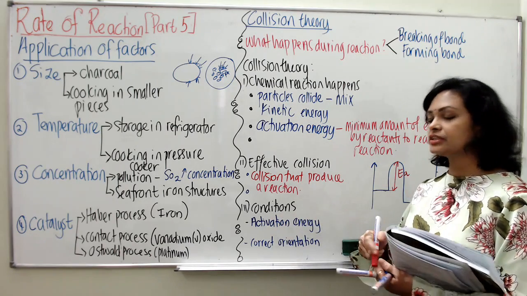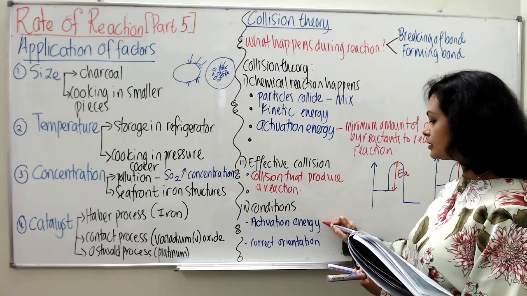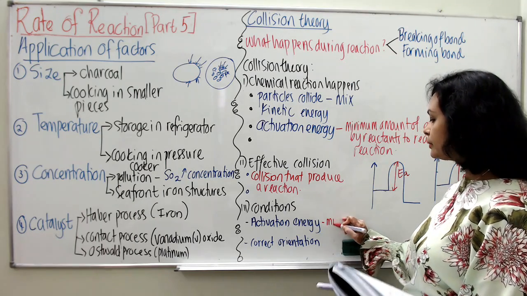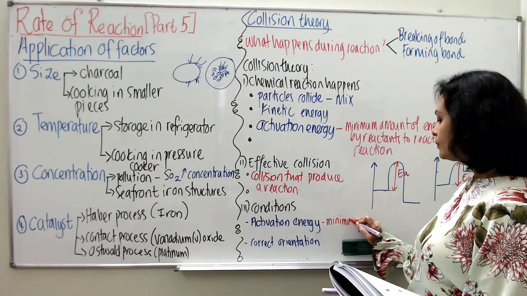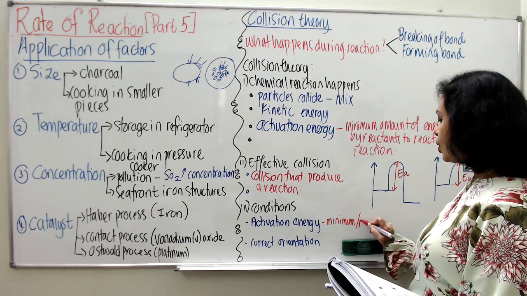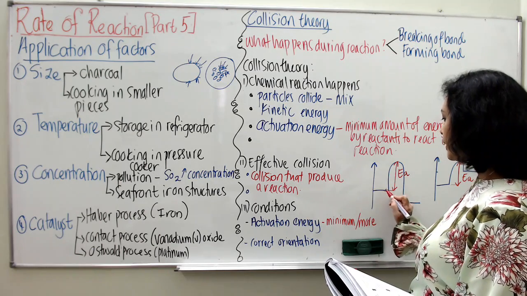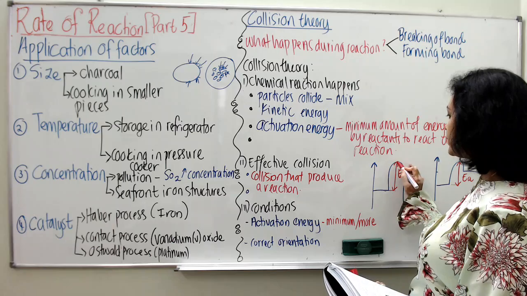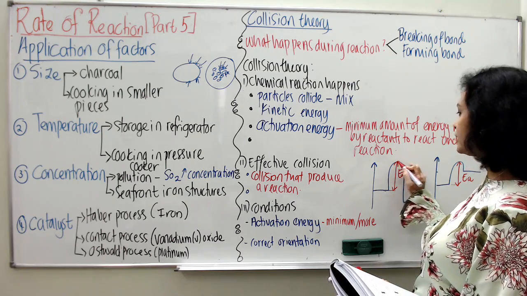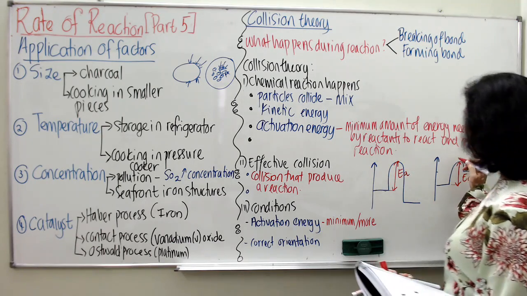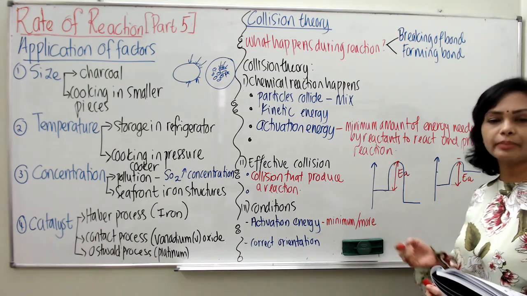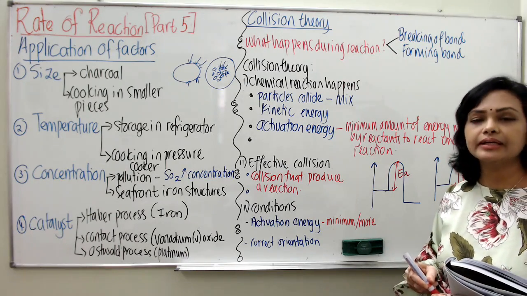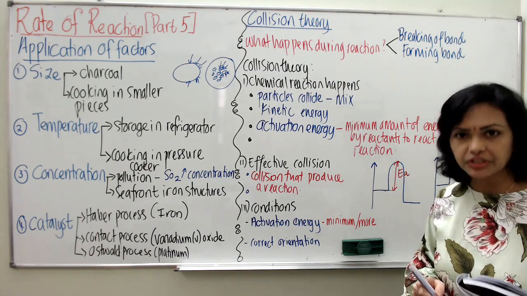First is enough activation energy, minimum or more. That means the particles must have just the minimum enough activation energy or they can have more activation energy, doesn't matter. So this will guarantee effective collision.